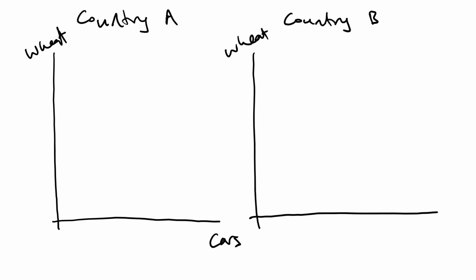Wheat and cars, and A is going to have a maximum production of 50 wheat and a maximum production of 100 cars. So that's going to be their PPC.